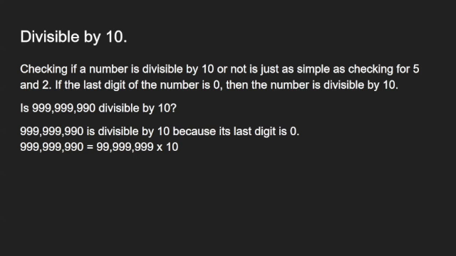Is 999,999,990 divisible by 10? 999,999,990 is divisible by 10 because its last digit is 0. 999,999,990 is equal to 99,999,999 times 10. That is the end of my presentation.